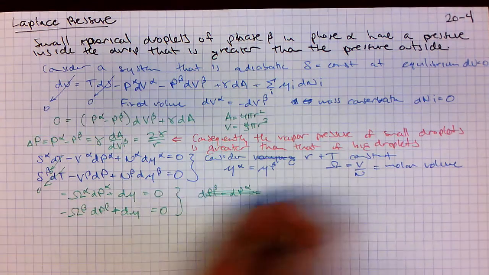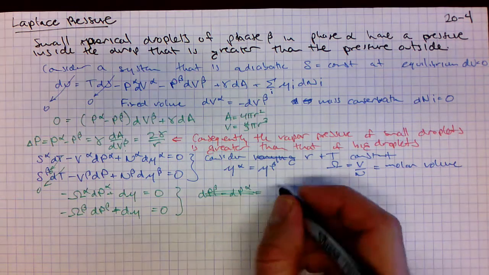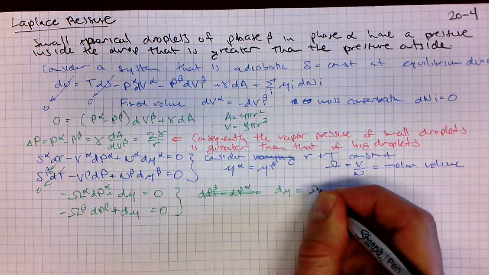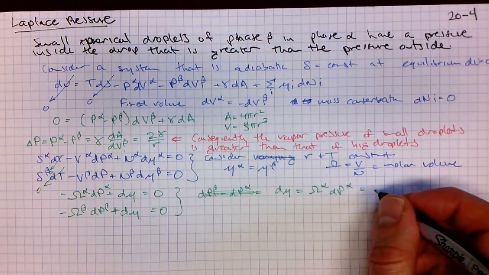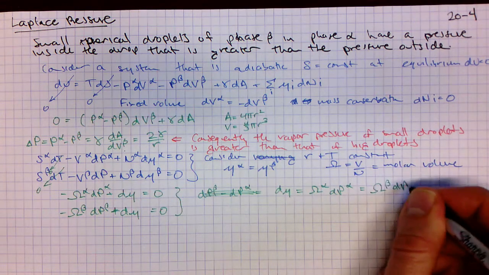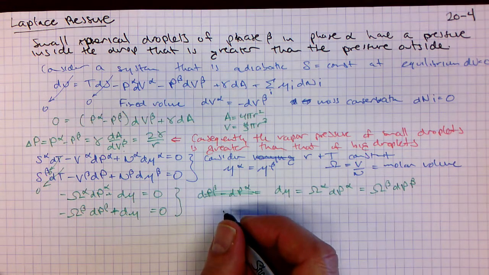So I can set these equal to each other, right? So I have d mu is equal to omega alpha dP alpha, which is also equal to omega beta dP beta.